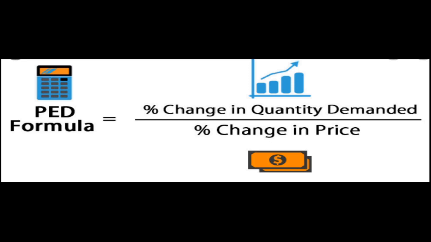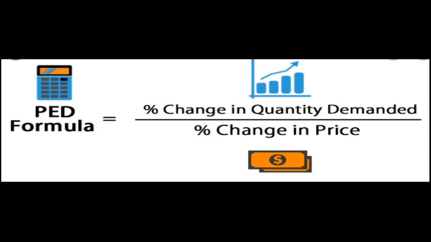Now you see what the importance of elasticity of demand is, why we are studying elasticity of demand, and how it is different from the law of demand. My dear students, you just remember that elasticity of demand talks about the proportionate change in quantity demanded due to the proportionate change in price.